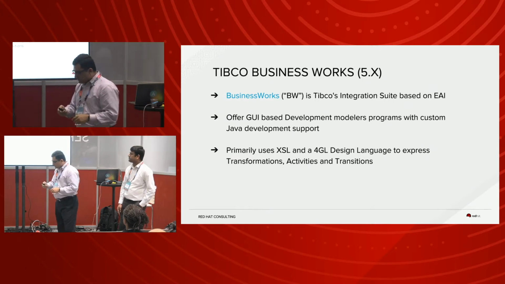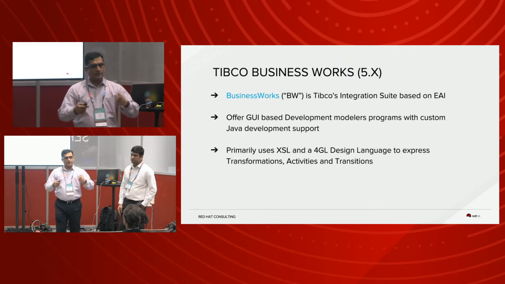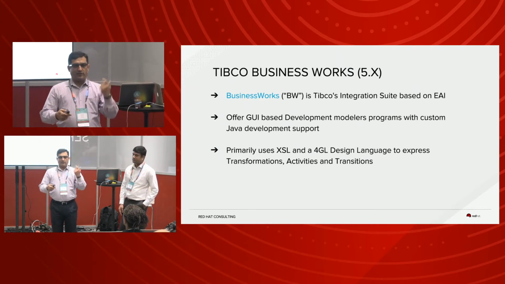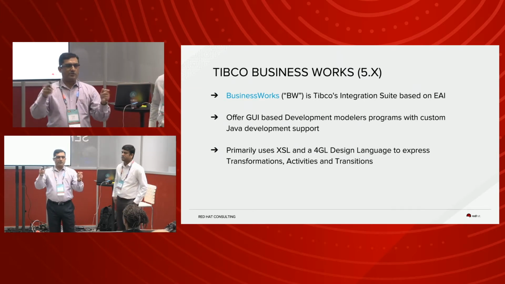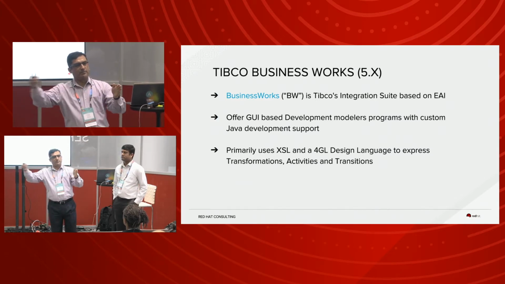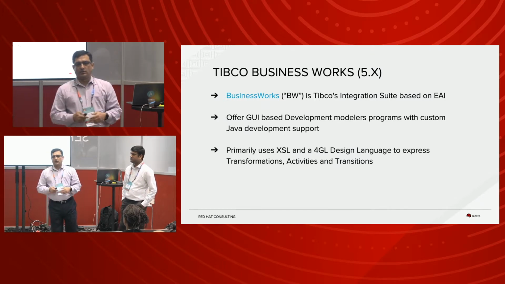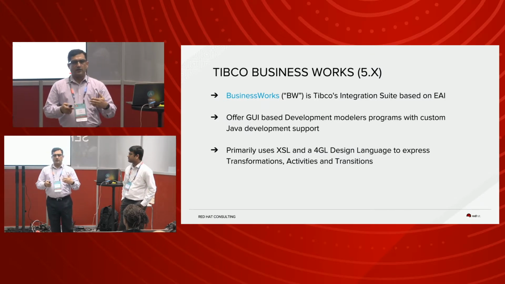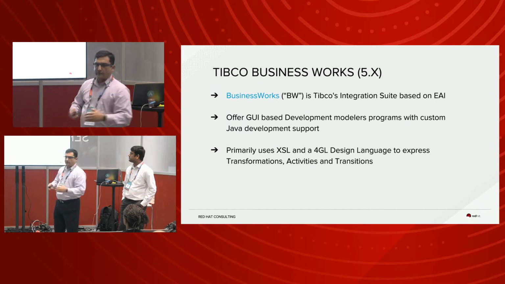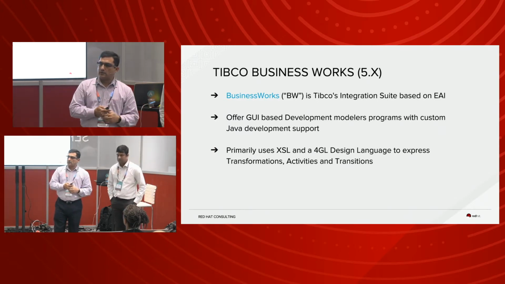They talk mostly in terms of activities and transitions, so their logos typically tend to be activities and the arrows tend to be transitions from one into another. It's like a step-by-step migration of a piece or message along the way. In many ways they have different terminologies, but they translate pretty well into Camel as well.